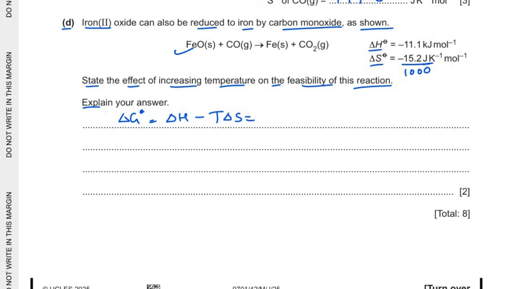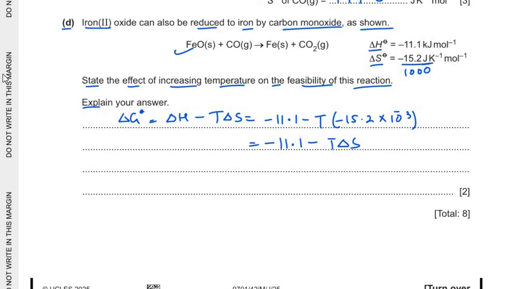So if we substitute all values, we have minus 11.1 minus the temperature, which we are keeping as T only, and the delta S value as minus 15.2 into 10 power minus 3, and this is the whole equation we get. We can summarize that as minus 11.1 minus T delta S.